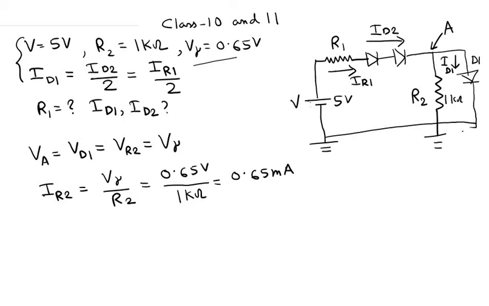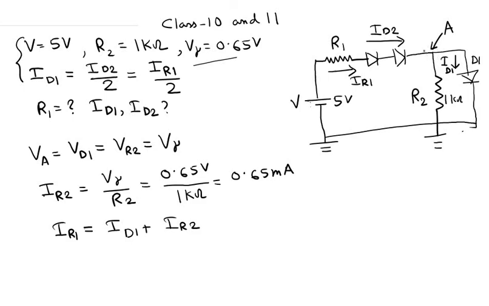Now we note that IR1, which is the current flowing through this resistor R1, is equal to ID1 plus IR2. This is plain Kirchhoff's current law being satisfied at this node.